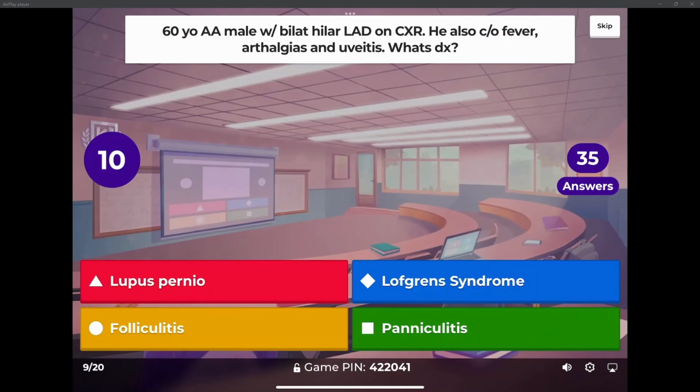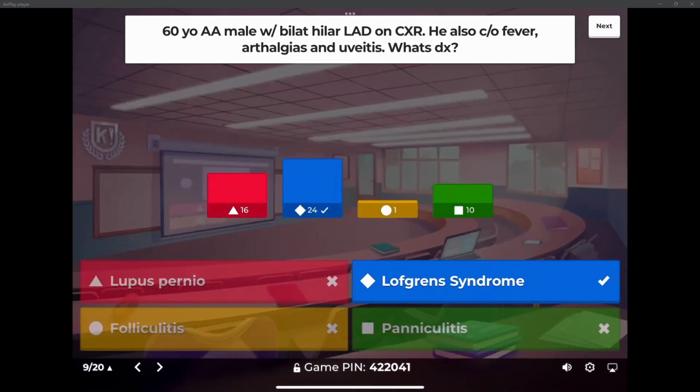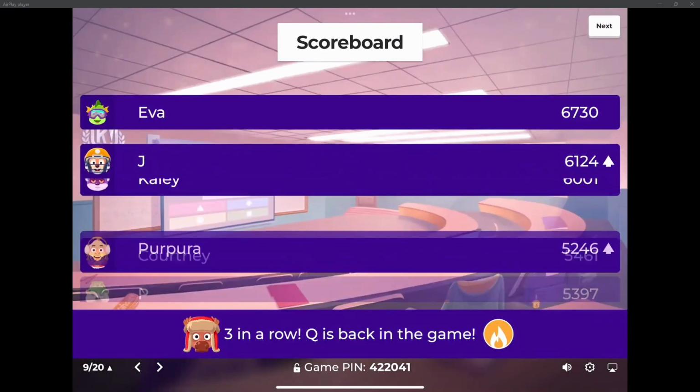So folliculitis, that's just like irritation from shaving against the grain, you get the ingrown hair, that's what that is. So we know it's not that. So Lofgren syndrome is this one. Make sure you know the difference between lupus pernio and Lofgren's. Both of them go together with regards to those granulomas on the nares. So make sure you read through all those and study those.